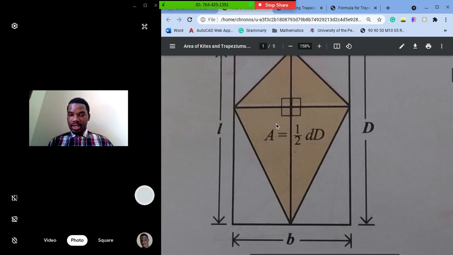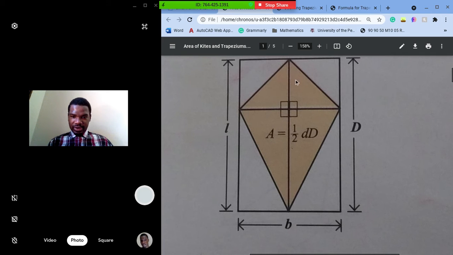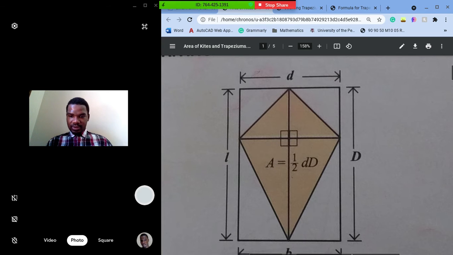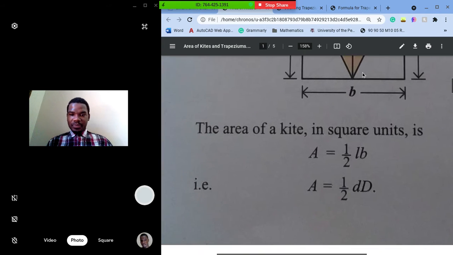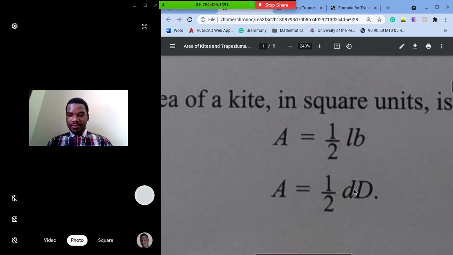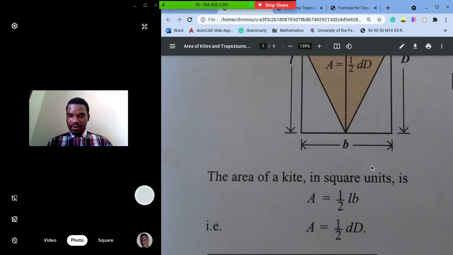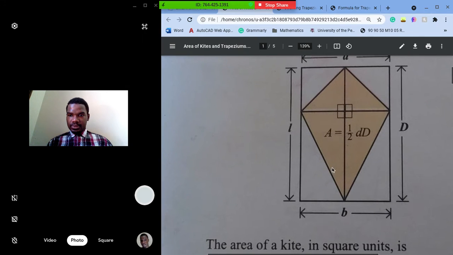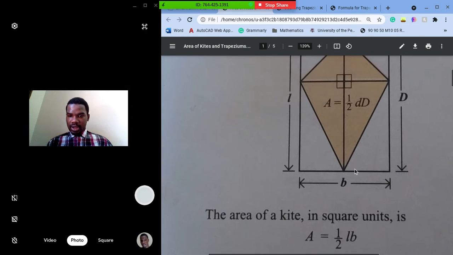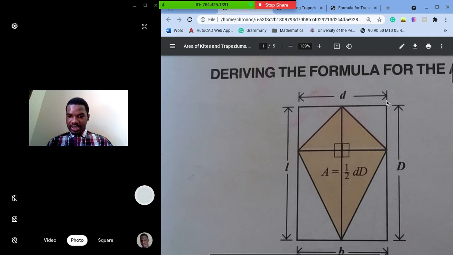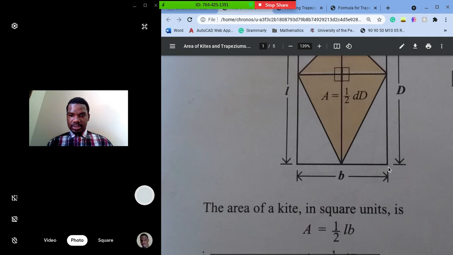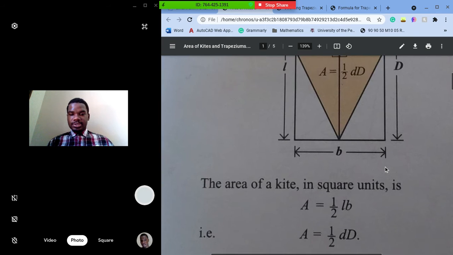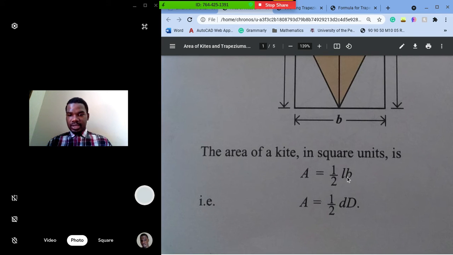I told you the formula for the orange area was a half small d times big D. You could say half small d, or a half L times B. Wouldn't small d be the same thing as small b? Yes, sir. Right, so you have two ways to write this formula: either half LB or half small d times big D.